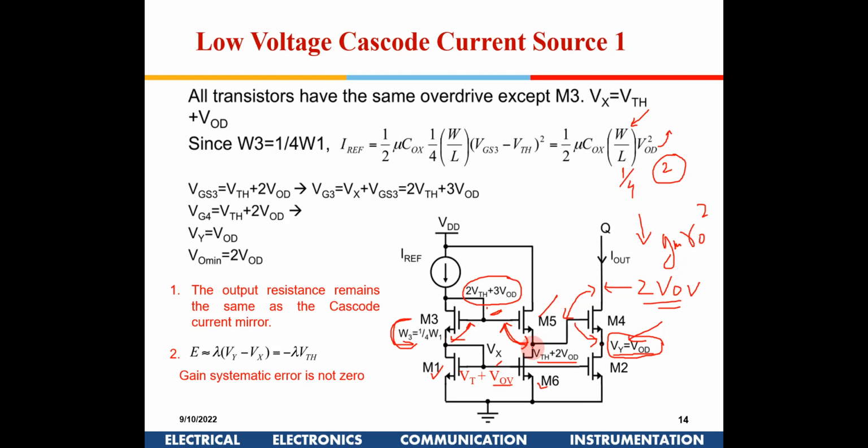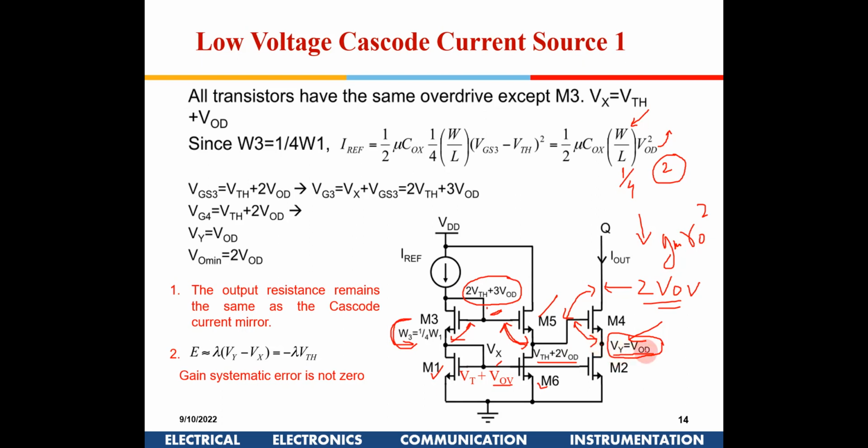If you drop one VT from VGS, then it will give V overdrive for M5 and one VDS overdrive voltage also. Any gate source voltage to support the currents should have VT plus VOV also. So here it will get 2. From here to here also, 1 VT plus 1 V overdrive will get dropped.